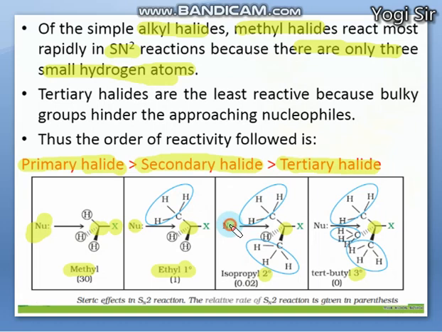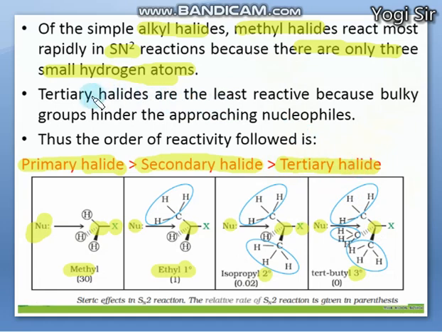Same way here there are two alkyl groups, so there is more hindrance to bind with this central carbon and remove this halogen. And in this tertiary compound there are three alkyl groups. They are creating more hindrance, or they are not allowing the nucleophile to bind with the carbon. So the rate of reaction is slowest towards tertiary.